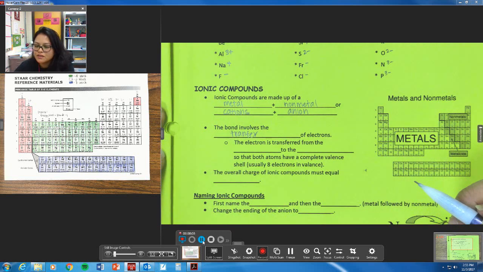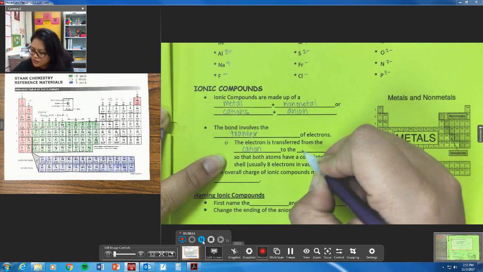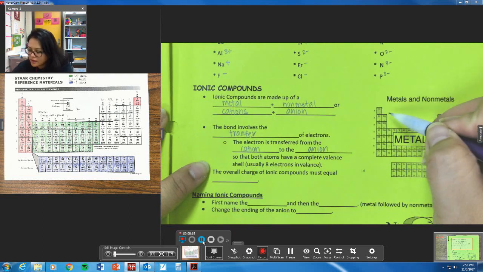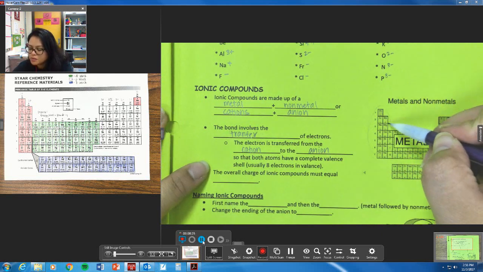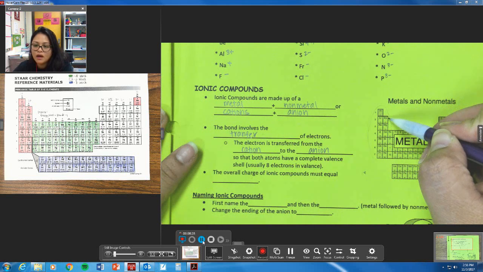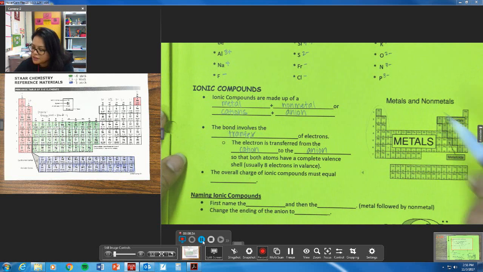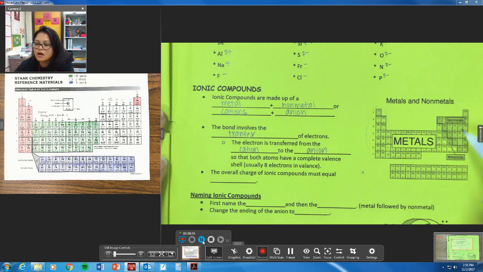The electron is transferred from the cation to the anion. Because remember, if we're dealing with cations, they are on this side of our periodic table. Groups 1 and 2 are most likely going to give up their electrons compared to our nonmetals. So our cations are going to transfer their electrons to our anions, or our nonmetals, so that they can both achieve a valence electron count of 8.